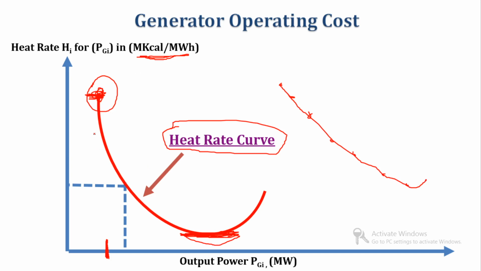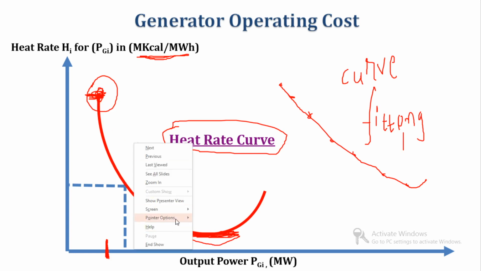Now there are lots of mathematical tools which give us the equation based on the curve. That tool is known as curve fitting. So based on the curve fitting tool, we write the equation.